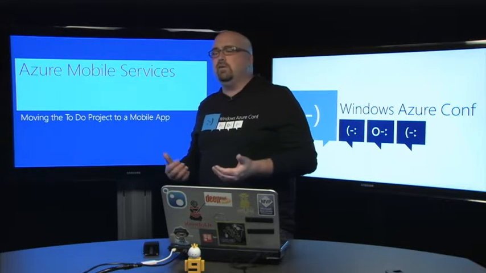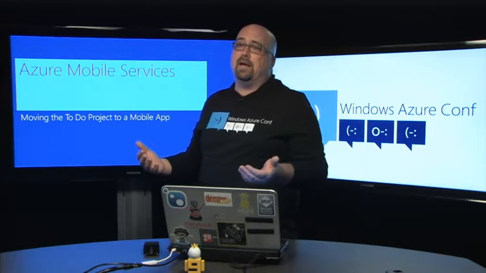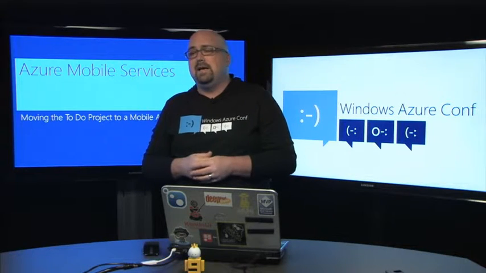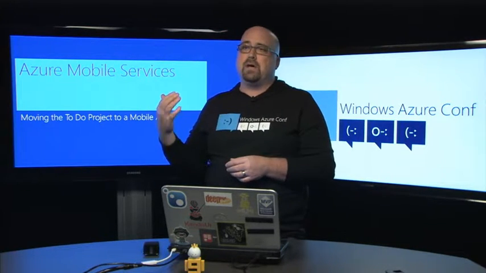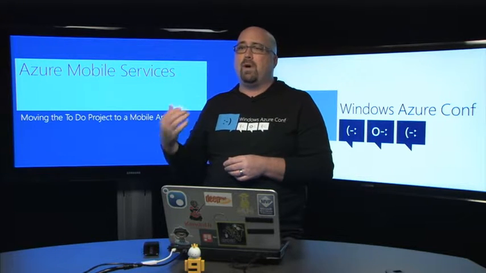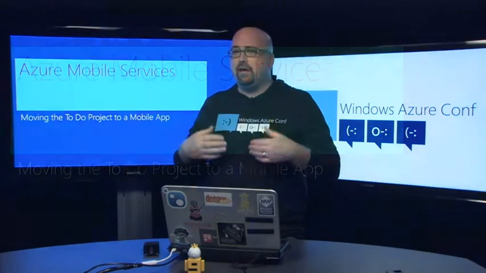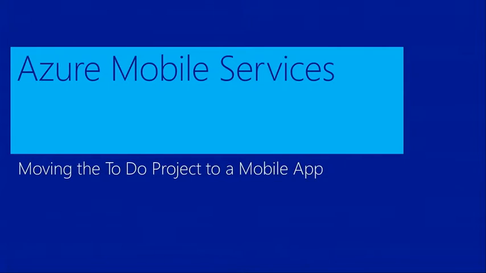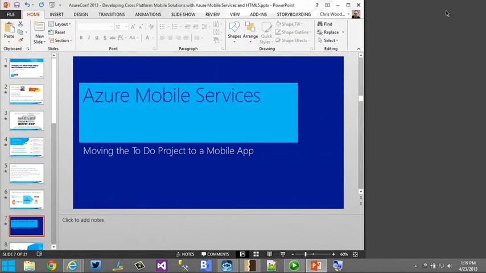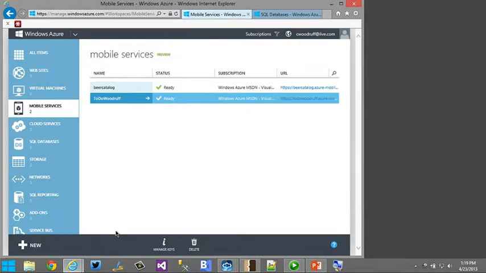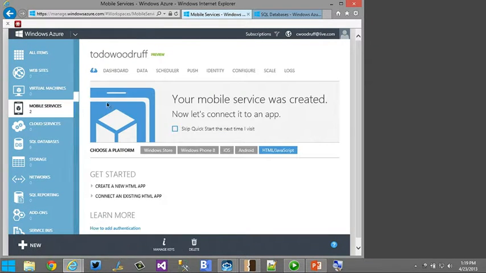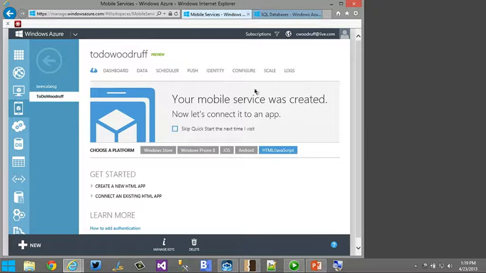Everyone who has gone in and created a mobile service has the chance to create the sample app, the to-do app. So let's take a look at that and show it off real quick. You always come in and have your notification that your mobile service was created.